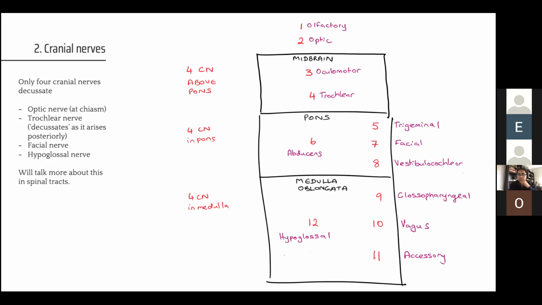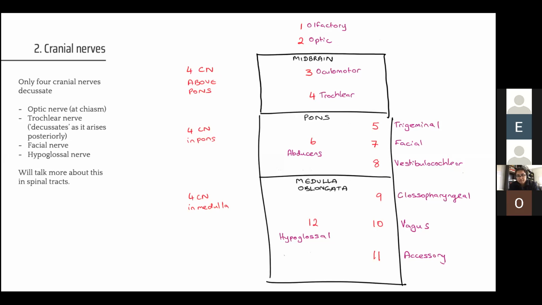But we'll talk about these crossing over later on when we talk about spinal tracts. This diagram is showing where the cranial nerves come out of the brainstem. There's a rule of four: four come out above the pons, four come out within the pons, and four come out below the pons. All of the cranial nerves that are factors of 12 come out midline, and everything else comes out laterally.